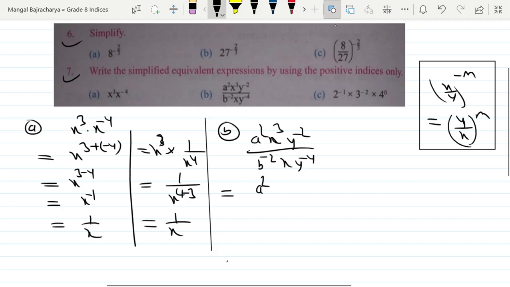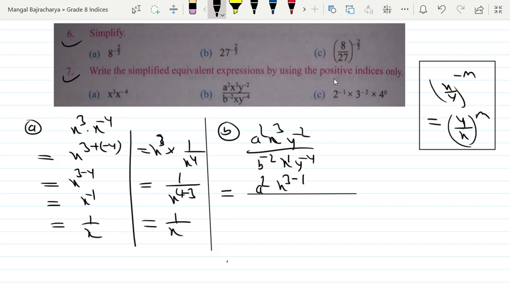So a square is already positive, let's keep it at the same place in the numerator. And x cube is already positive, let's keep it the same. And x below is down getting divided, so it will come up for getting subtracted.